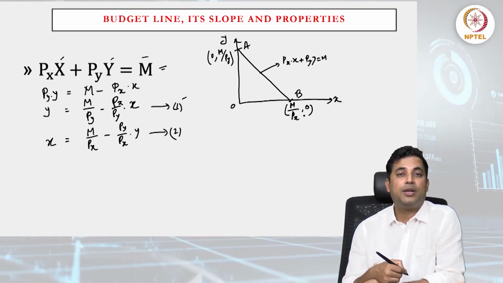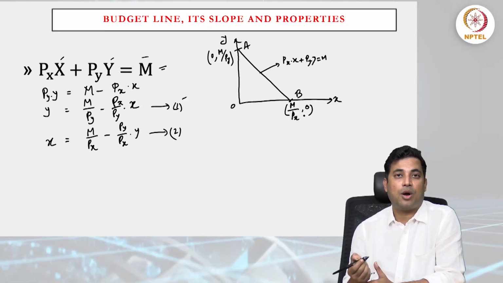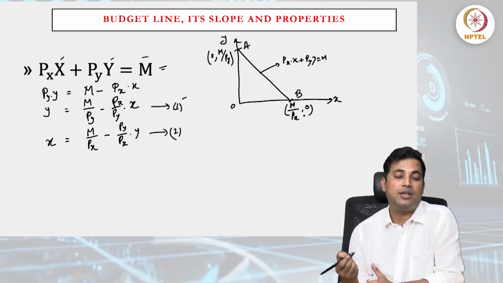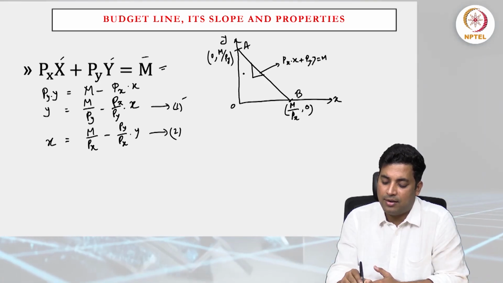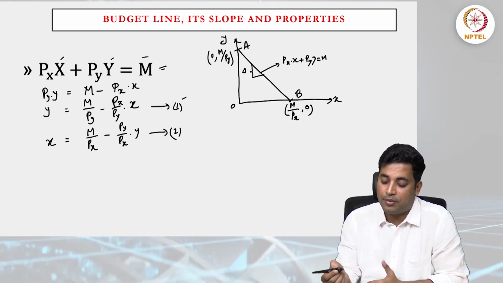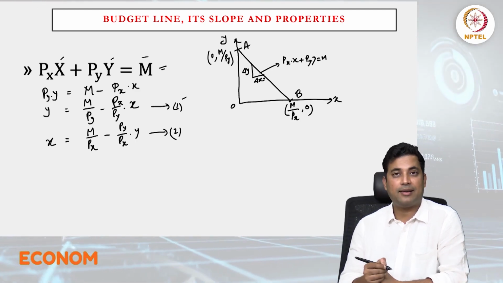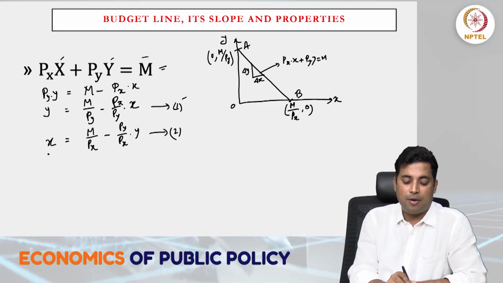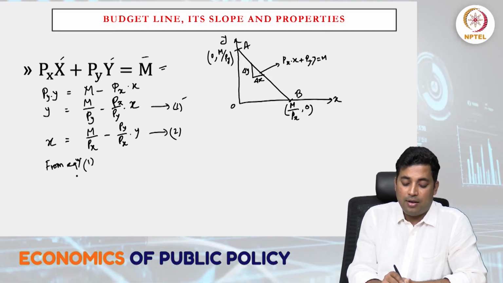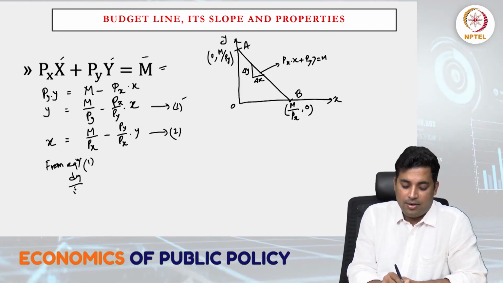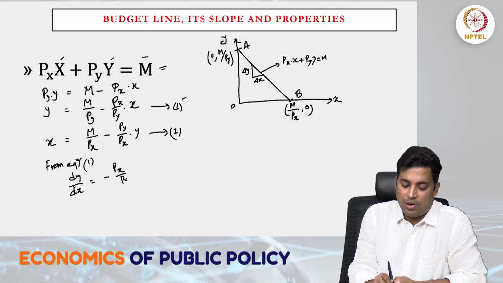Why do we calculate the slope? It is basically to understand the change in one commodity due to a one unit change in the other. So if I want to understand the slope of the budget line, delta y by delta x, then from equation 1, dy by dx equals minus Px by Py.